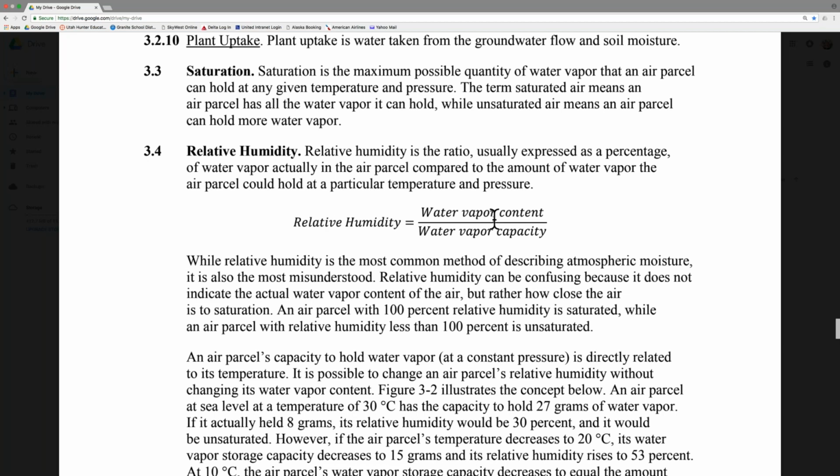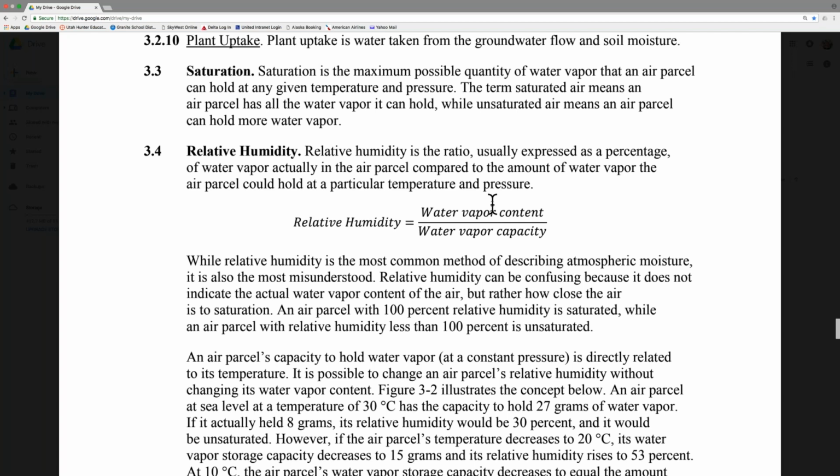Like it says here, it's the most common method of describing atmospheric moisture, but it also is the most misunderstood. Relative humidity can be confusing because it does not indicate the actual water vapor content of the air, but rather how close the air is to saturation.